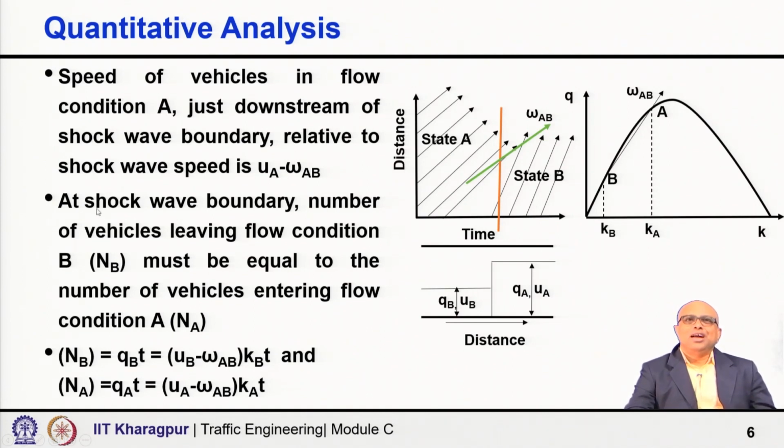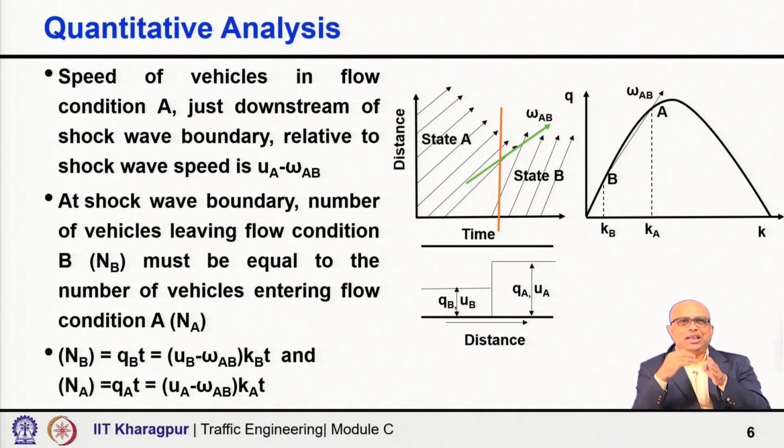Now, at shock wave boundary, if we consider two stream conditions and this is the shock wave boundary, the number of vehicles leaving flow condition B must be equal to the number of vehicles entering flow condition A. These two numbers must be equal, because shock wave is a boundary.